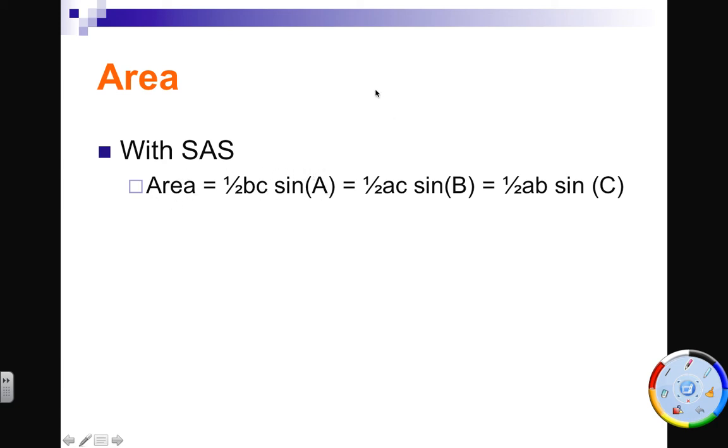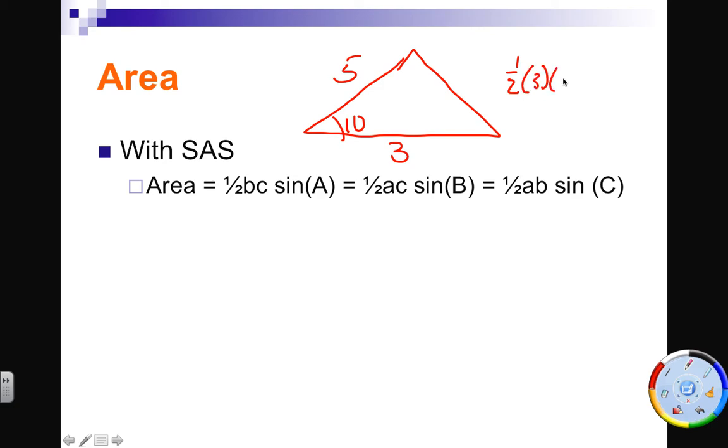The area of any triangle in this form. So if I said, here I've got 3, A, 5, and this is 10. All I have to do is 1/2 times 3 times 5 times the sine of 10.